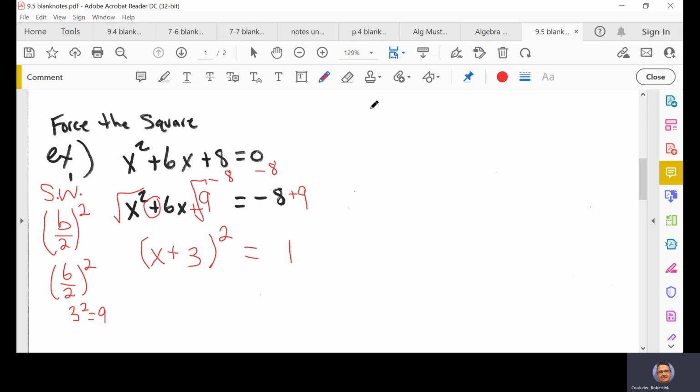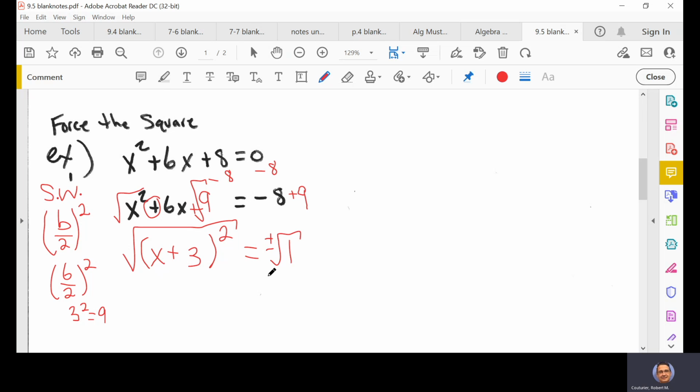Now, this is right where we were at before in 9.2. This is the roots method. How do we solve this? Well, we're trying to get the x out. The x is trapped in a set of parentheses and it's squared. To remove this square, we have to take the square root of it. Which means on this side, we have to take plus or minus the square root of this side.